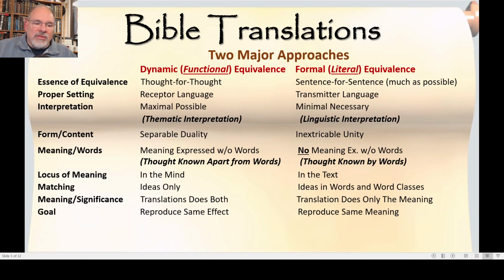The goal on the dynamic side is to reproduce the same effect, right? So the effect that would be had by the reader, in other words, what they think originally a reader would have as they read it, they're going to try to reproduce that in the modern reader, where all they can do on the literal or the formal side is reproduce the same meaning of the text.